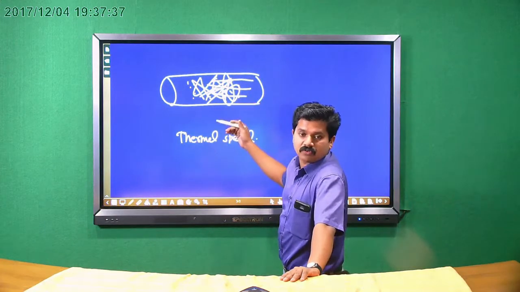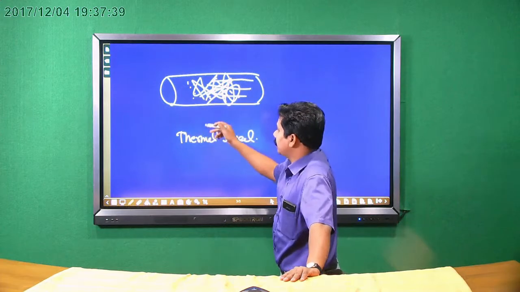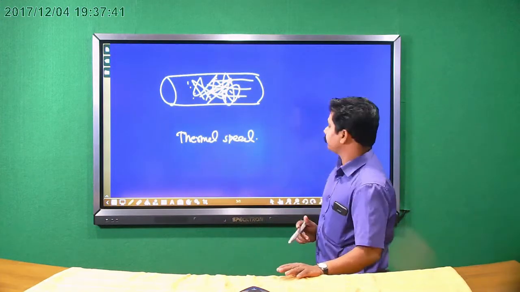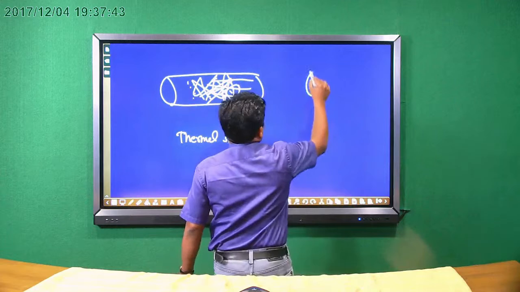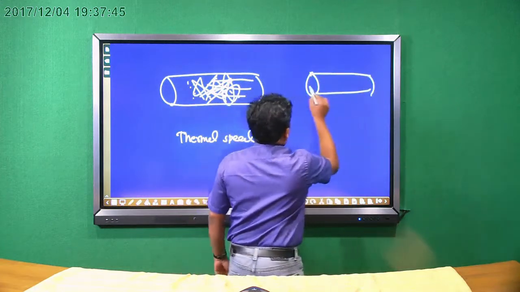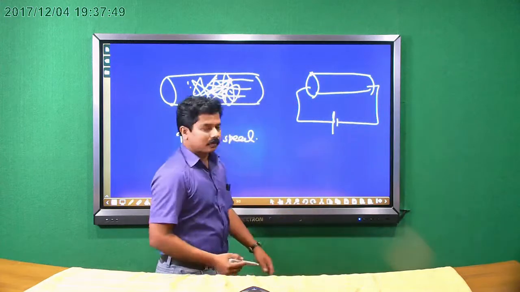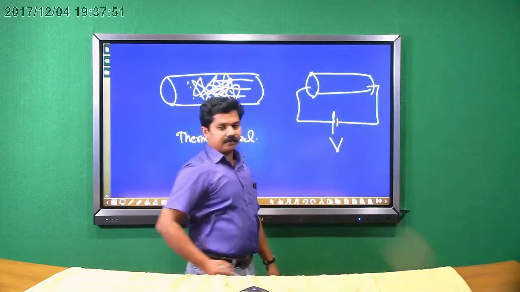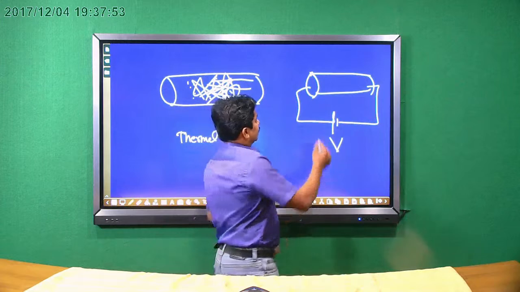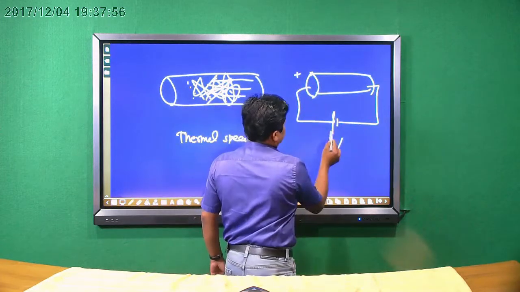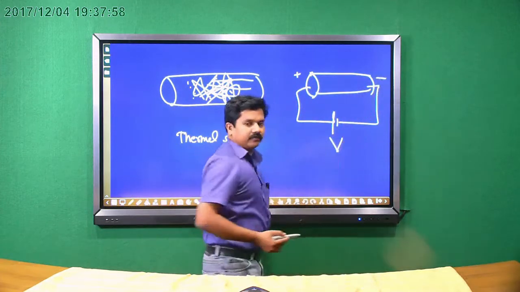That is, we are not applying any cell at this point, so there is no electric field. Now, when a cell is connected at this point, V is the potential difference applied here. When a cell is connected here, this is the positive sign and this is negative.